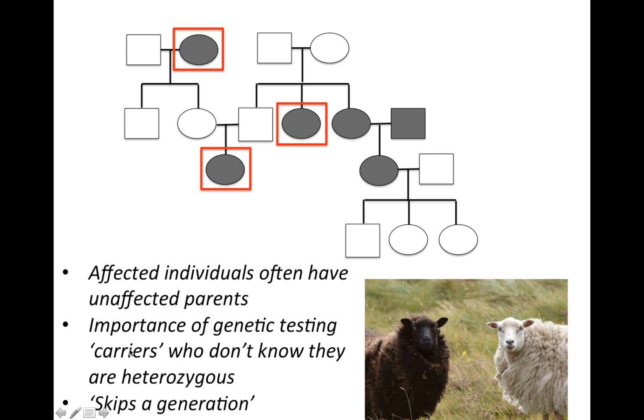You can have carriers, individuals who would have to be heterozygotes, who don't know that they're heterozygous, and so will want to know what genetic conditions their offspring might have. And this is where we get the idea that autosomal recessive conditions skip a generation, because you often have an individual who is affected who does not have affected parents, but maybe somewhere else in their pedigree they'll have affected relatives.